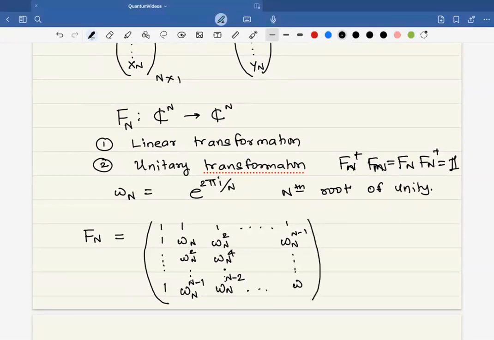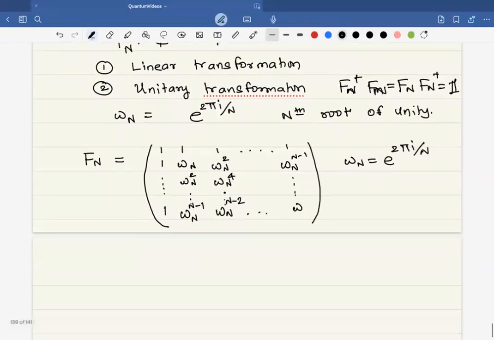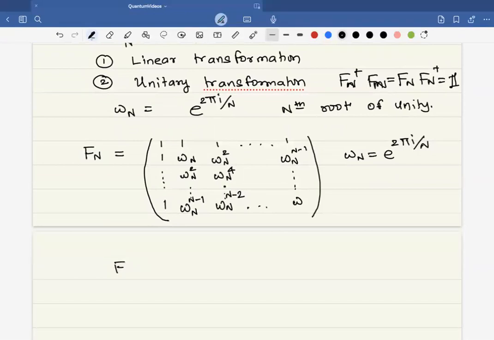So the matrix representation of the n-dimensional Fourier transform is given by omega n equal to e to the 2 pi I over n, the nth root of unity, and the matrix entries of Fn, the jkth entry, is given by omega n to the jk, right?